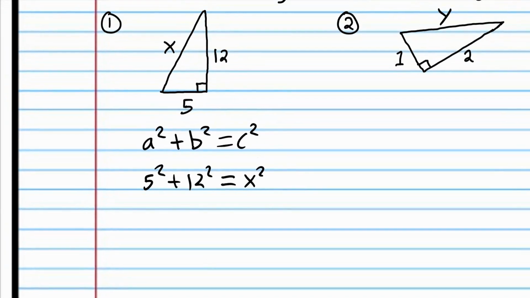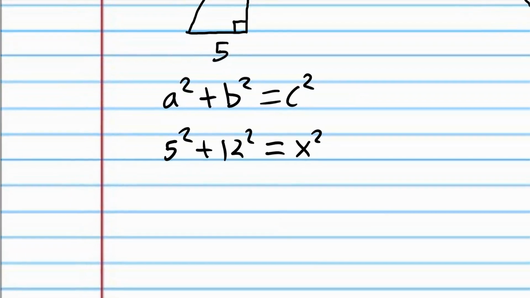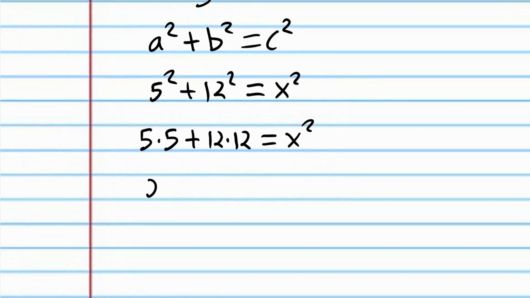The other thing that we need to go over is, I want to make sure that you remember what second power means. Remember, if you raise something to the second power, that means you're taking 5 and multiplying it by itself. So I'm not going to do this in every problem, but I just want you to remember what that means. 5 times 5 is 25, and 12 times 12 is 144.